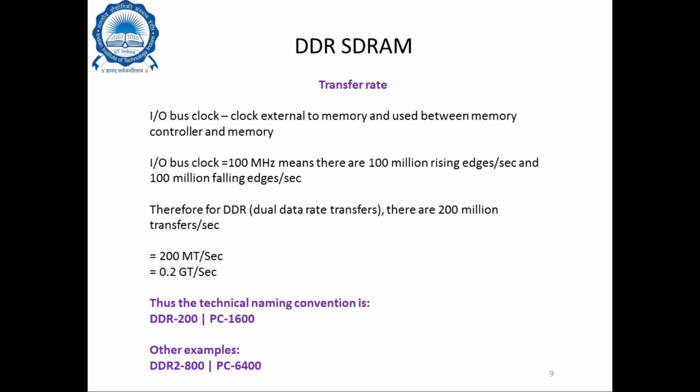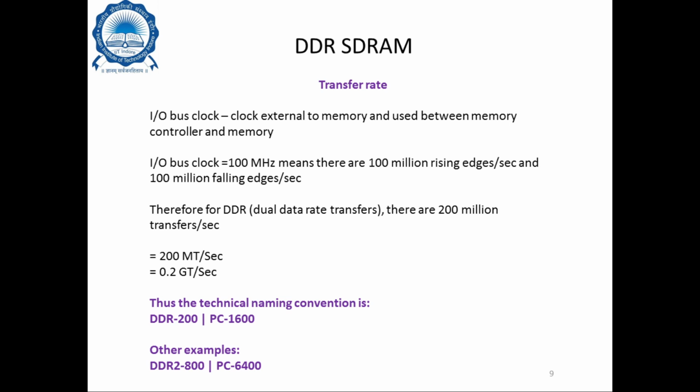It is referred to by the IO bus clock, which is the clock external to the memory and used between the memory controller and the memory. Okay, I'll show a diagrammatic view of what I mean by this when I say clock external to memory and used between memory controller and the memory. And so therefore going by the definition, IO bus clock is 100 megahertz, for example, given by the specification.